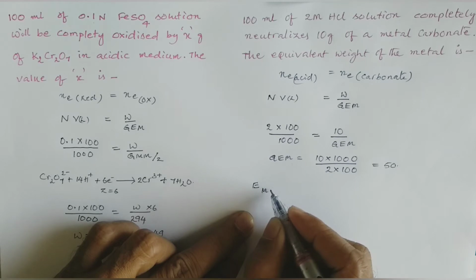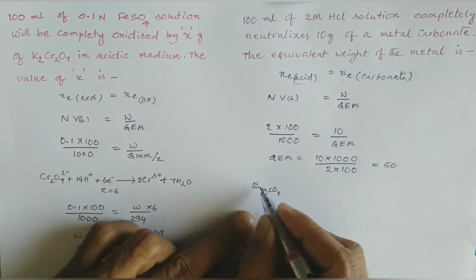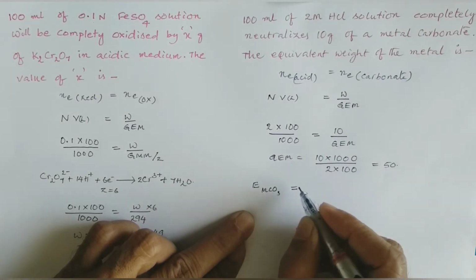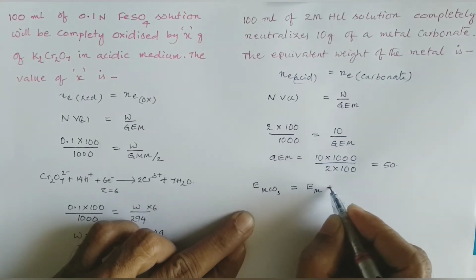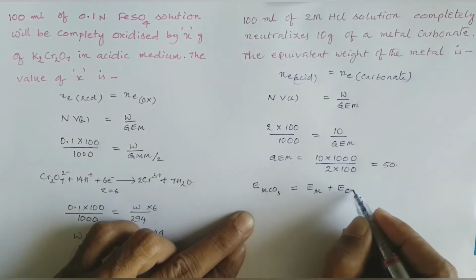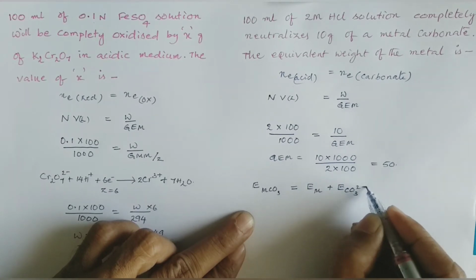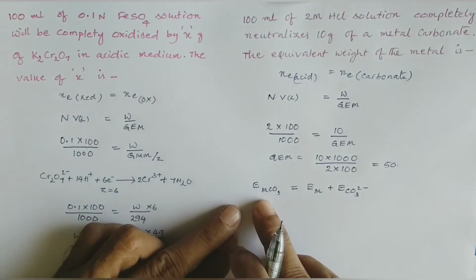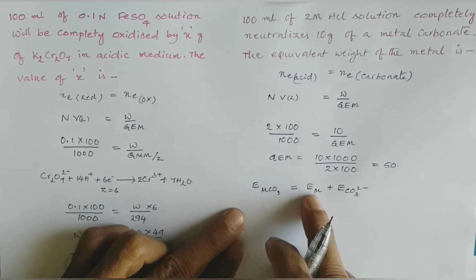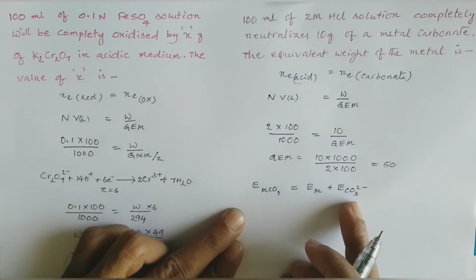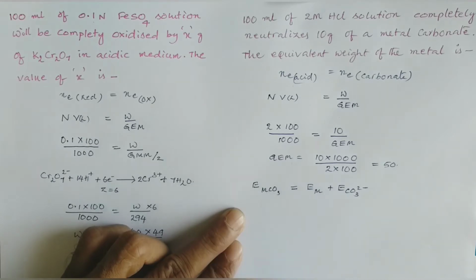Let the equivalent mass of metal carbonate be EmCO3, that is equal to the equivalent mass of metal plus the equivalent mass of carbonate ion. Okay, the equivalent weight of metal carbonate is equal to the equivalent weight of metal plus the equivalent weight of carbonate ion.